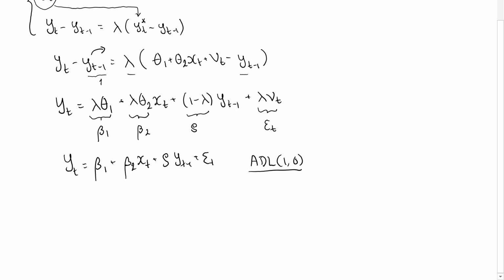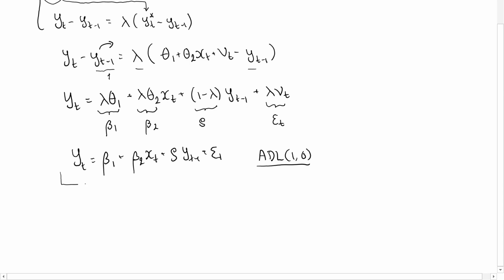I can estimate this model using OLS. That will give me consistent estimates under relatively weak conditions. I have a lag dependent variable, so I cannot expect the estimates to be unbiased. But under reasonable conditions, OLS will give me consistent estimates of these parameters.